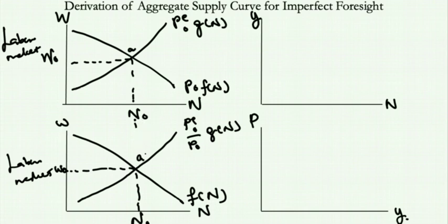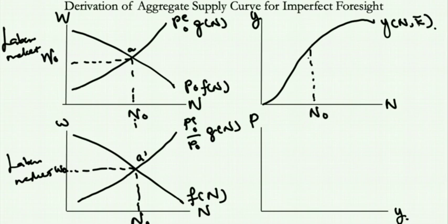So here is A prime, and then we have total product, Y, and N. Also initially we have N naught, Y naught, this is A double prime. Also we have the initial situation Y naught and initial price level P naught, this is A triple prime.